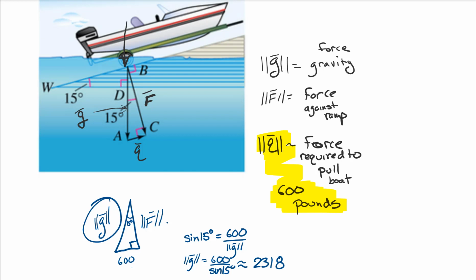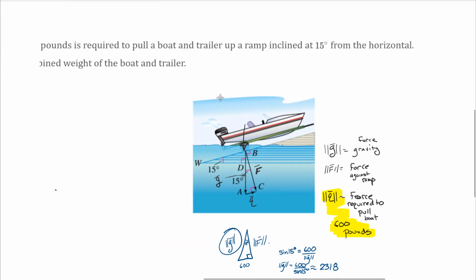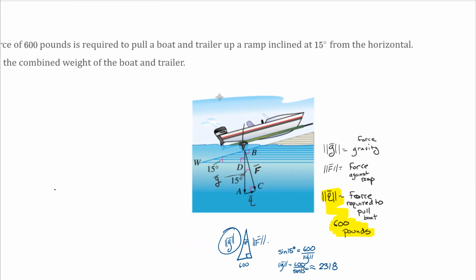Well, I think that's called momentum and not gravity. Gravity yanks you straight down. So when the problem talks about the combined weight of the boat and the trailer, we are 100% talking about the force of gravity upon the boat and the trailer. And that's what we're going to call the weight.